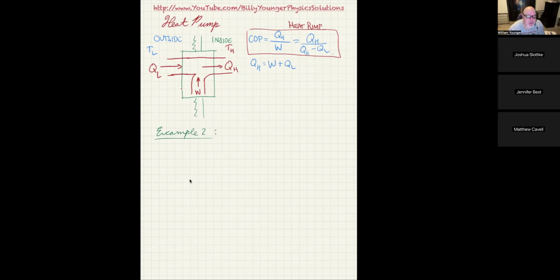In this case, what we're going to say is a heat pump has a COP of 3.0 and is rated at 1850 watts. We want to know A, how much heat can we remove or add to a room per second?